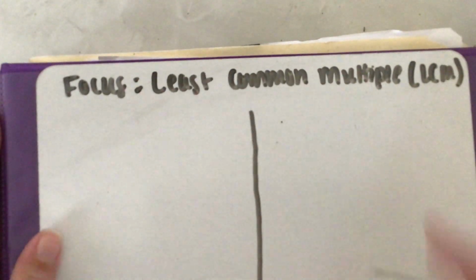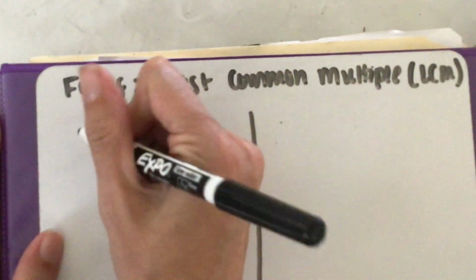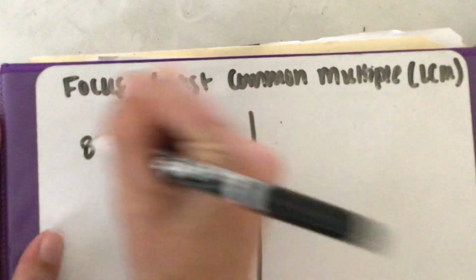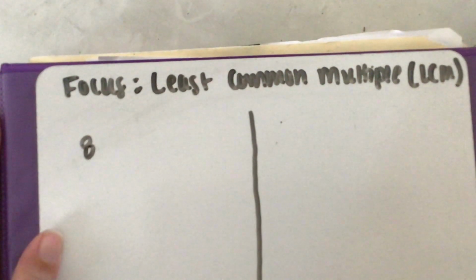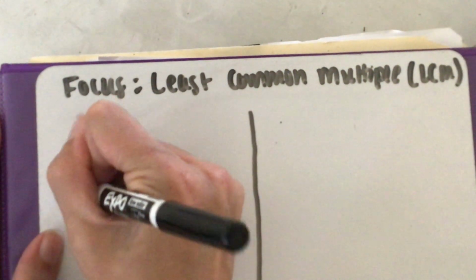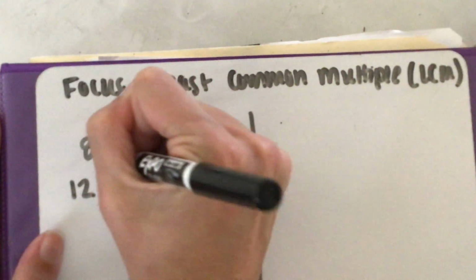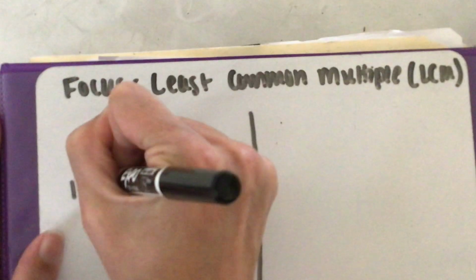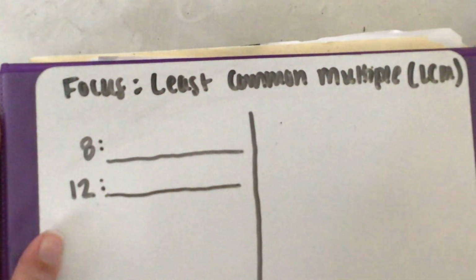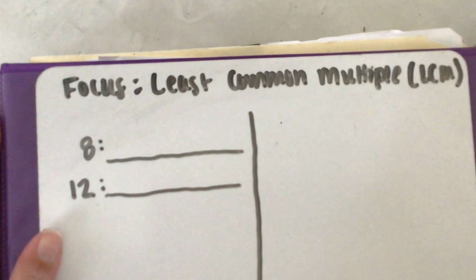If each pack of buns has 8 buns, and each pack of hot dogs has 12 hot dogs, I know there's a way I could figure out how to have the perfect match between my hot dogs and my buns so that every hot dog would go with a bun. But it would mean I would have to buy more than 1 pack.